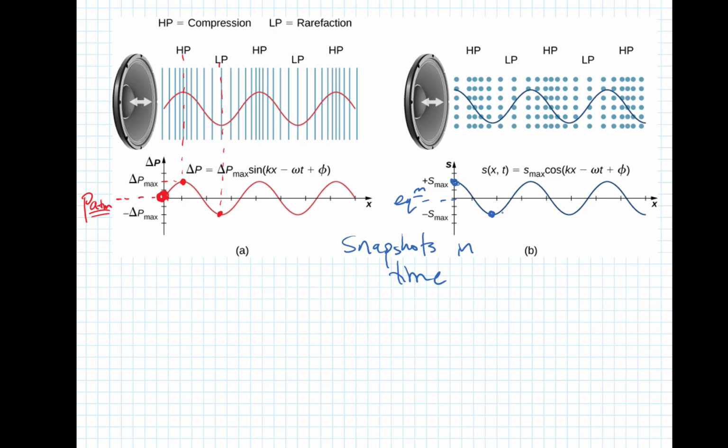So we'll look at some of these properties, but you can start to see that these in general can also include a phase phi, and we will start to be able to solve traveling sound wave equations.